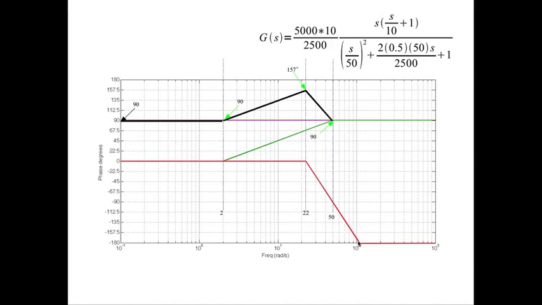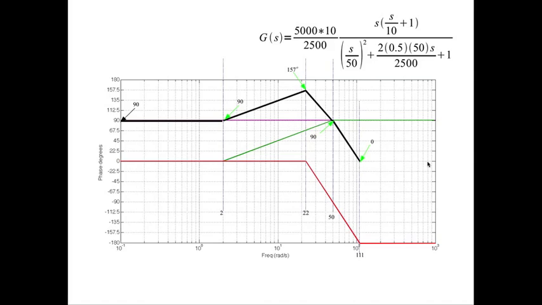There is one more corner frequency here at 111. So you count all the contributions here. The 0 at the origin contributes 90 degrees, the 0 at minus 10 contributes 90 degrees, and the complex pole contributes minus 180 degrees. This total is 0 degrees. So you can join that line like so.